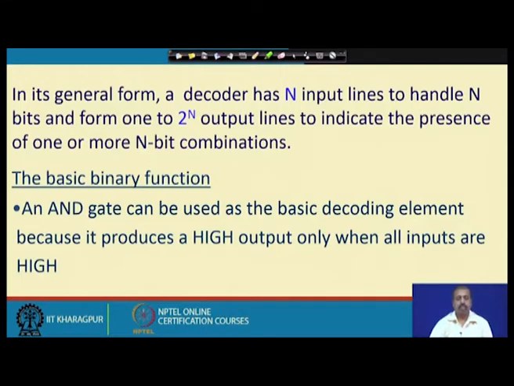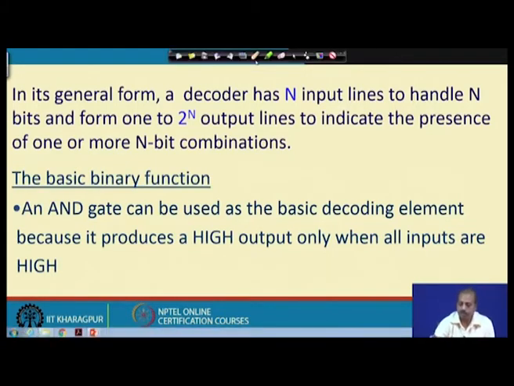You can see that the basic AND gate acts as a decoding element because it produces high when all its inputs are high. If I take one AND gate, it has got one output and 2 inputs. This is also in some sense a decoder, because only when the input pattern is 1 1 is it giving 1; in all the other cases it is giving 0, so the output is inactive.